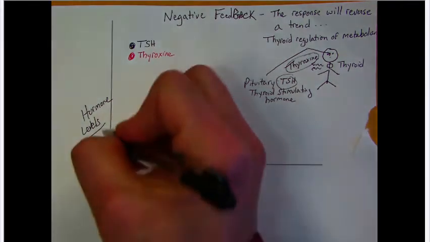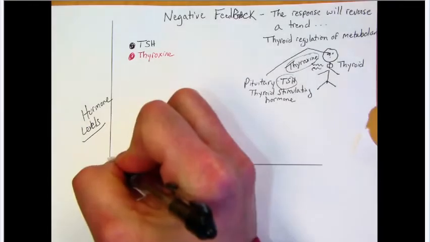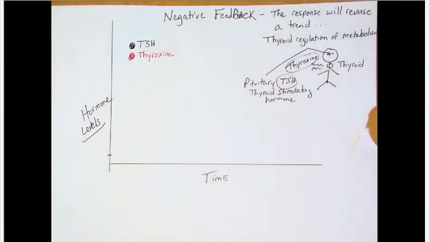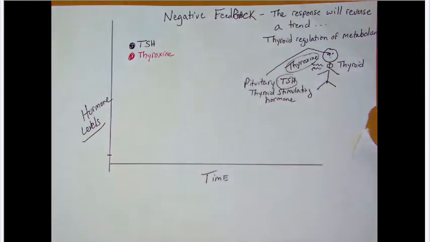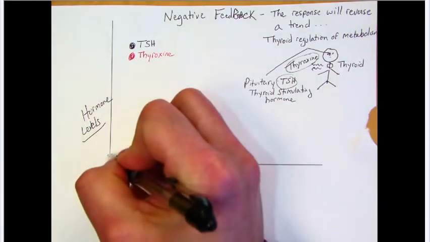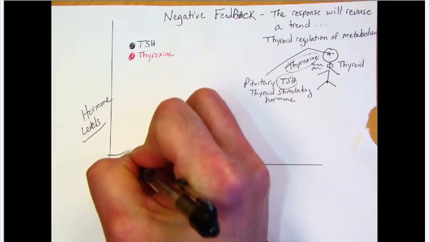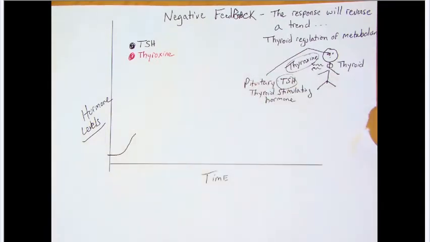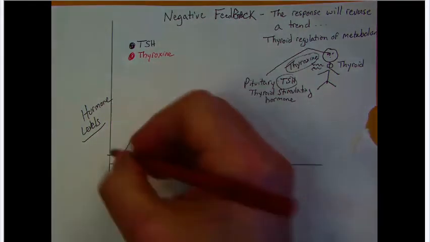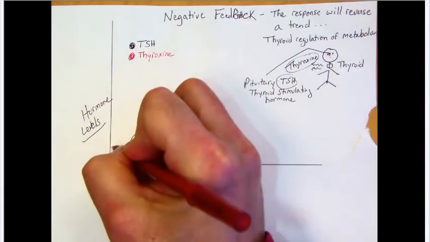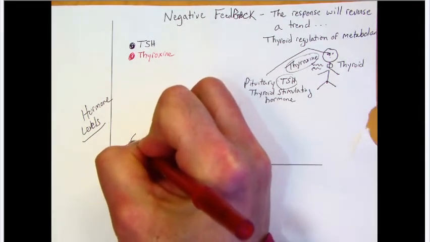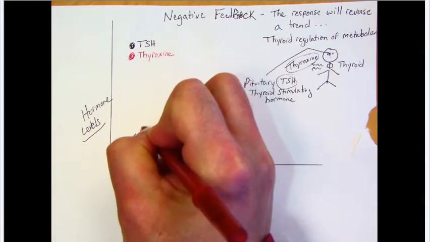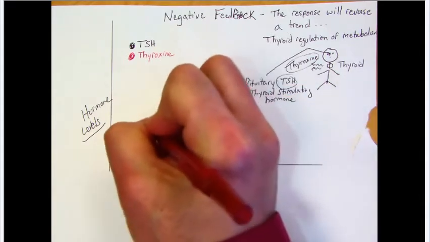Now let's start with the pituitary levels of thyroid stimulating hormone. So this is the stimulation point, right? So as thyroid stimulating hormone levels increase, you would assume, and you would be right to assume, that this is going to cause an increase in thyroxine.